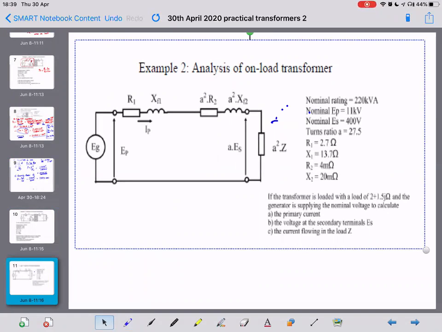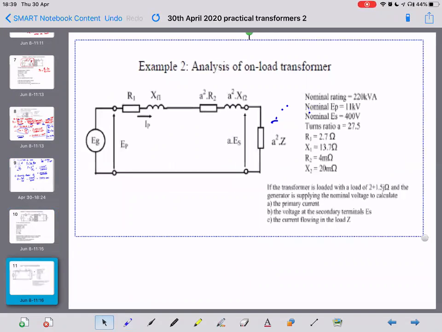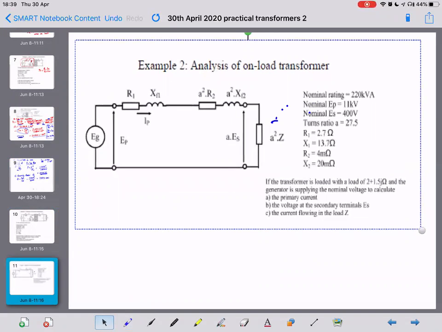So rather than you go off and struggle, let's discuss a plan of action as to how you'd go about solving that problem, finding the primary current. What do you think you need to do first?